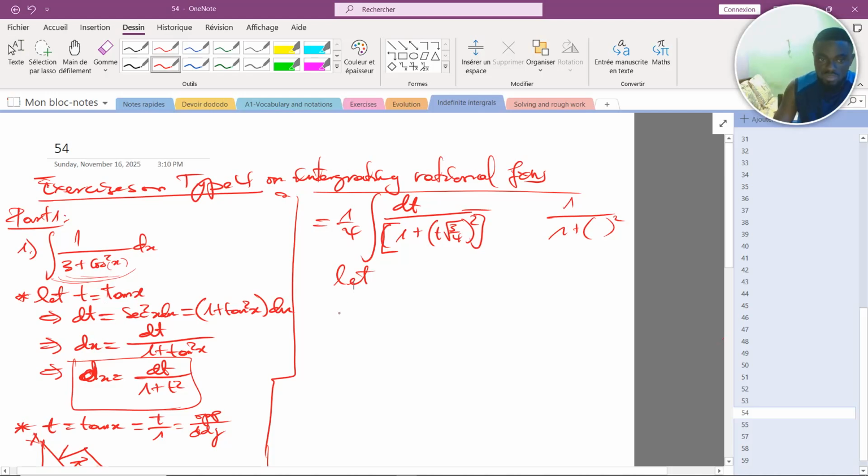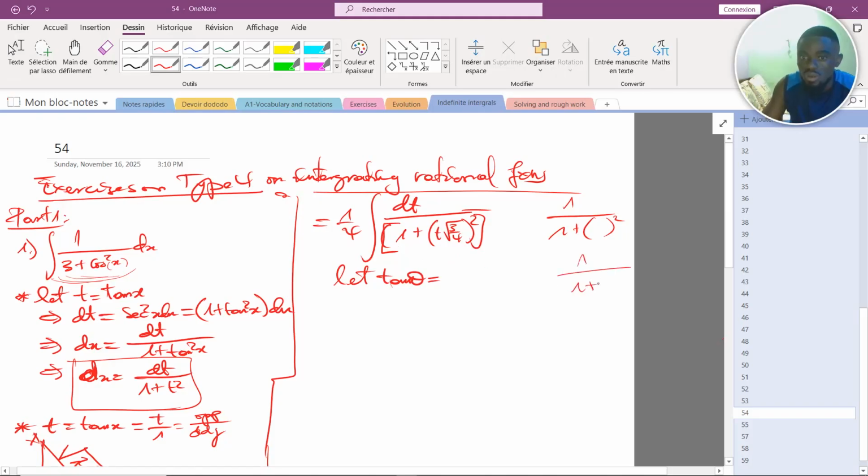What do I mean? I mean if in the first substitution your t was equal to tan x, don't let this tan x be equal to what is inside here again. No, use another variable.